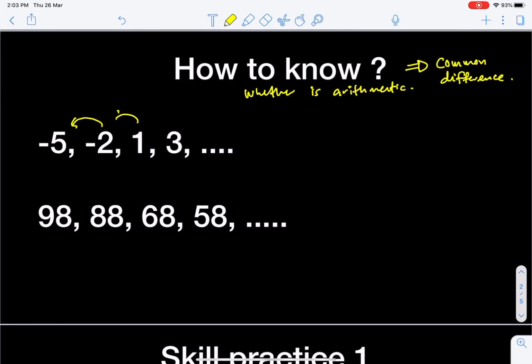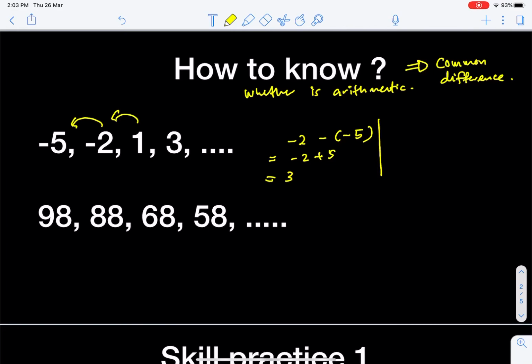Okay, let's look at the first one. Negative 2 minus negative 5. Negative 2 plus 5 will give us 3. Okay, next, we test another one. It is not enough to test just one. We need to test 2 or 3 values.